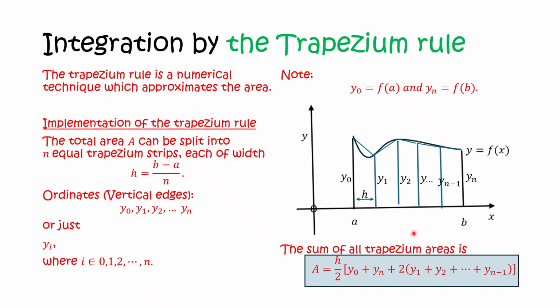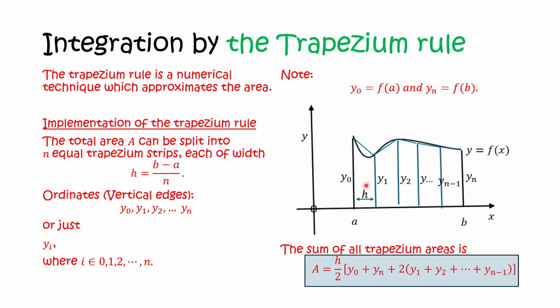So if we get the area of each and every trapezia, recall from the formula of finding the area of a trapezium, we are going to get h over 2, which is meant to be the height, times the sum of the sides, a and b. That is for finding the area of one trapezium.